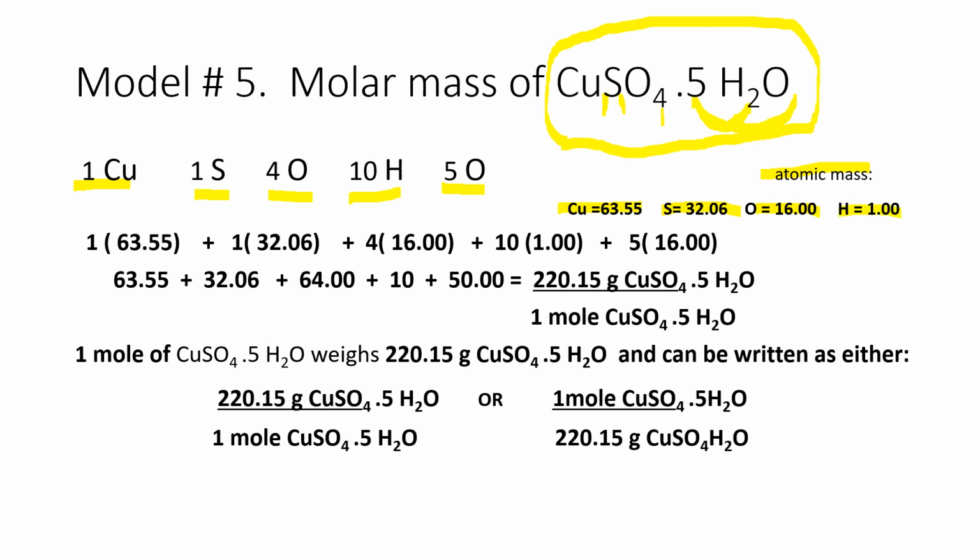So let us get the mass of copper by multiplying the number of copper atoms by the atomic mass of copper. For sulfur, the number of sulfur atoms is 1 multiplied by the atomic mass of sulfur. And the mass of oxygen is the number of oxygen, 4, multiplied by the atomic mass of oxygen.